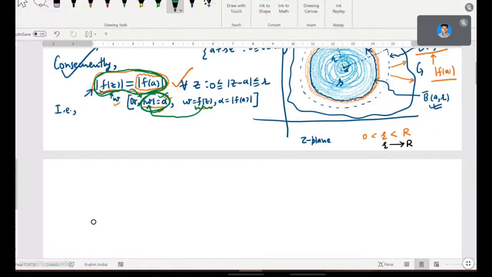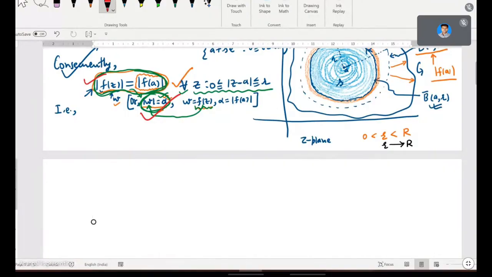For all those z's which are satisfying this condition, their images are satisfying this condition. It means the images are lying on this circle whose center is 0 and radius is alpha. Yes or no? A beautiful interpretation of this expression. Is this okay? Yes, sir.